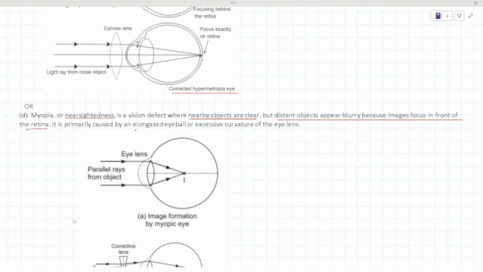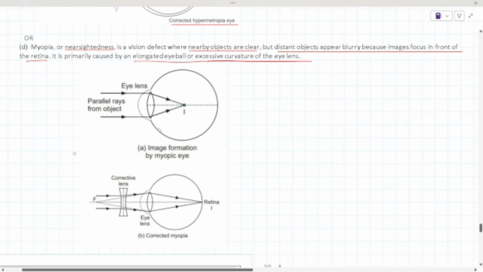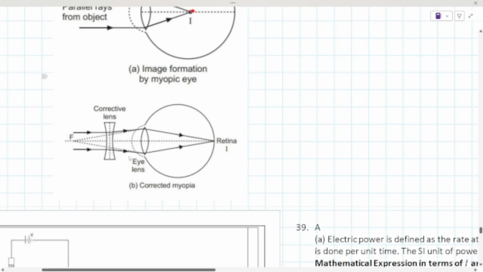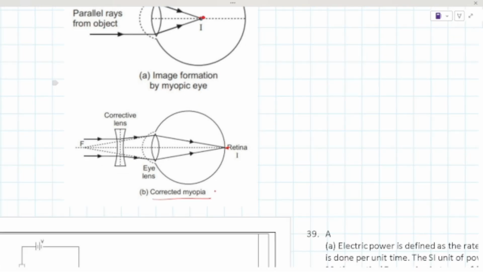It is caused by an elongation of the eye length. As you can see here, the image forms before the retina, and a concave lens will correct it. That is corrected myopia.